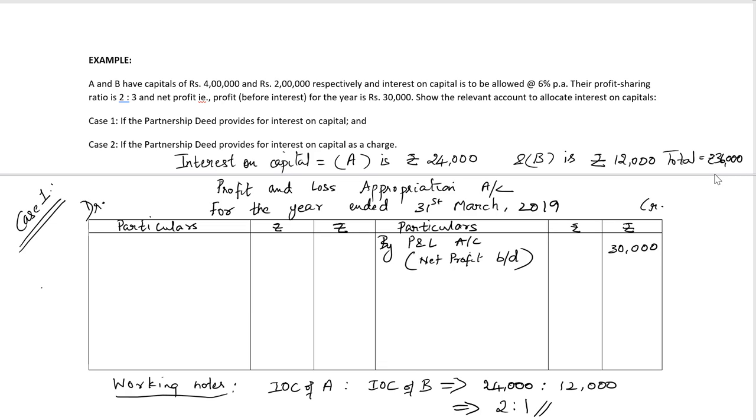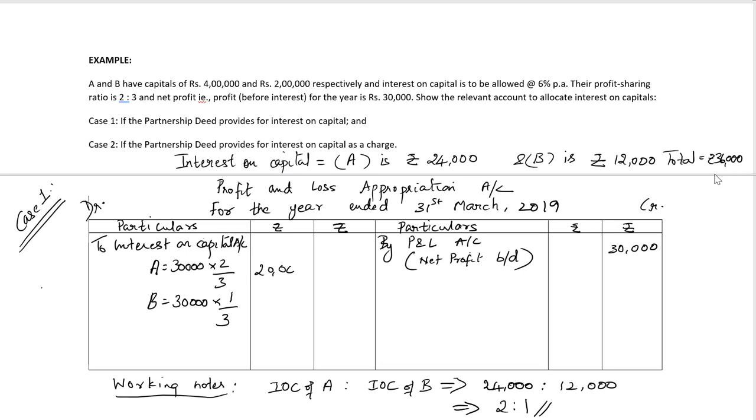So we will allow interest on capital to interest on capital account for A is equal to 30,000 into 2 divided by 3, and for B it is 30,000 into 1 divided by 3.